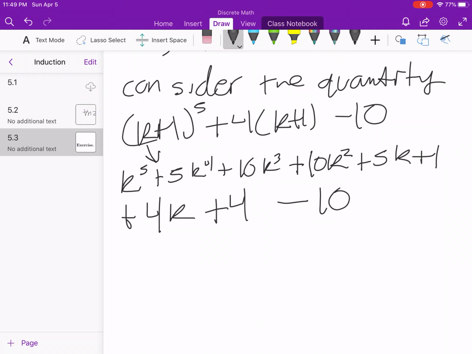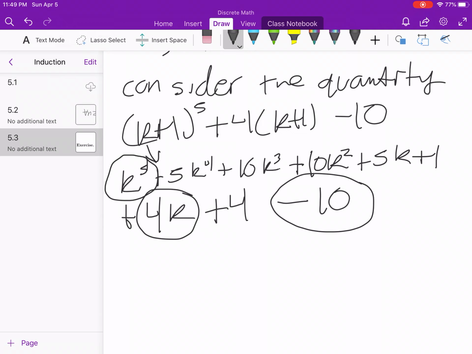Now this looks like a bunch of stuff here, but something really nice is going to happen. Notice I have this thing here, this thing here, and this thing here. If I group these together, what do I know from my inductive hypothesis?